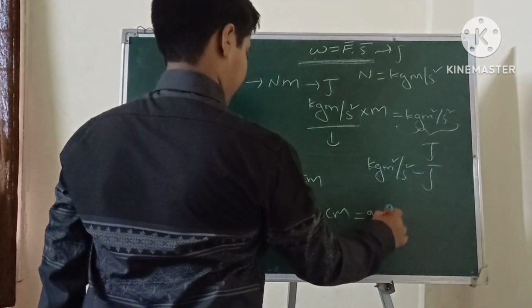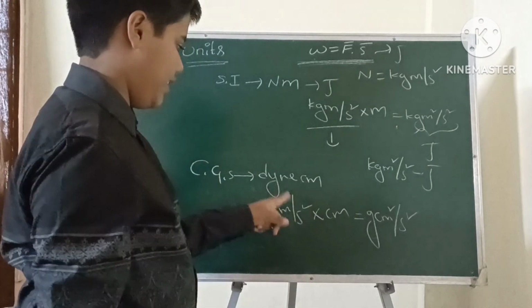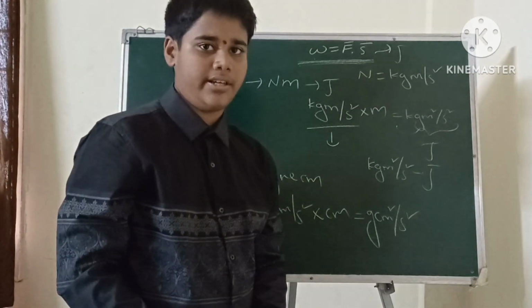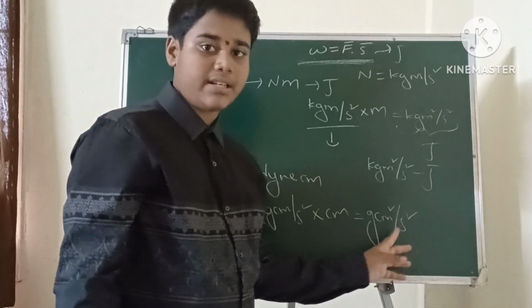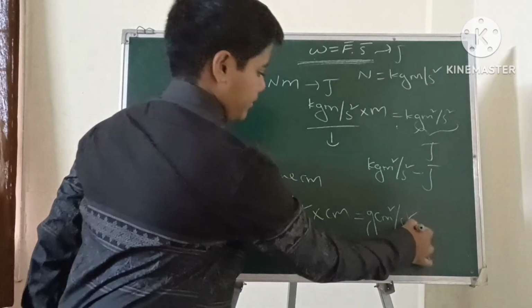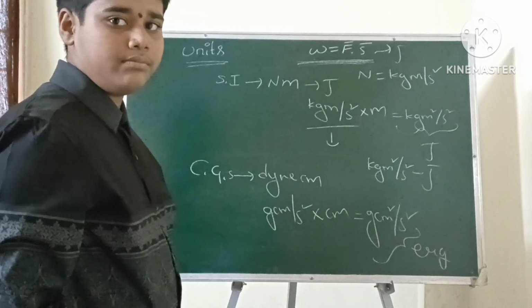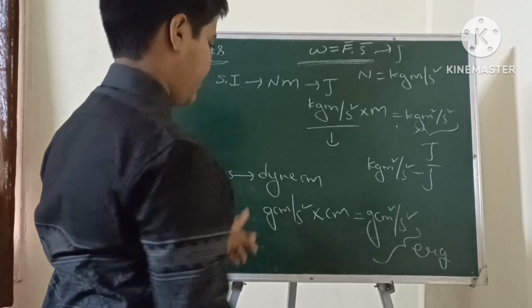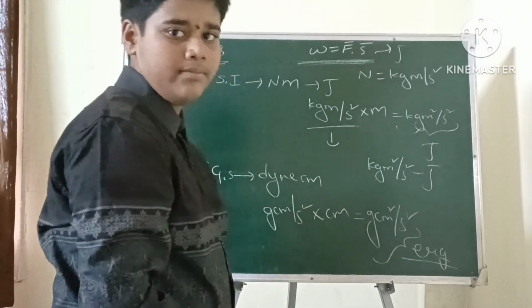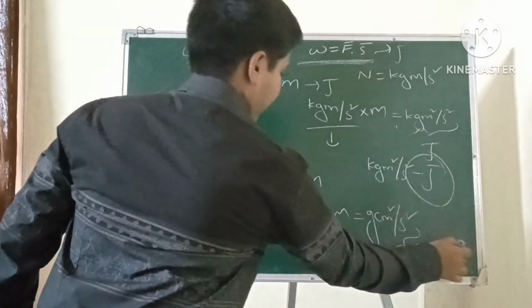So gram centimeter square per second square. This unit is erg. Okay? And the CGS unit of work is erg.